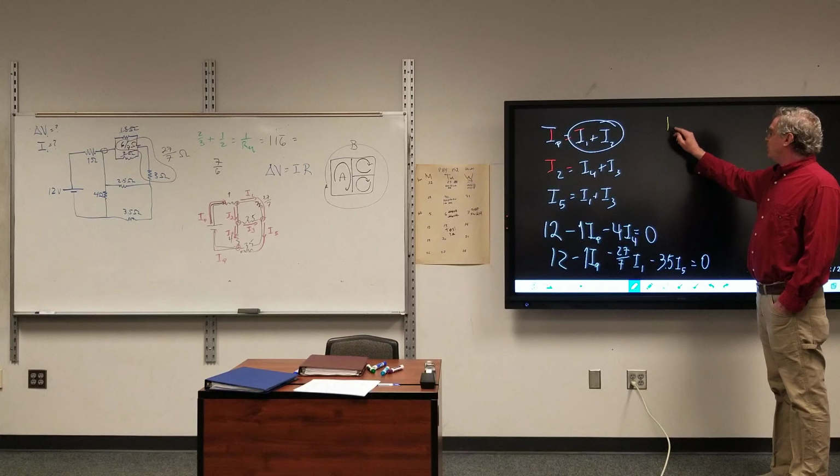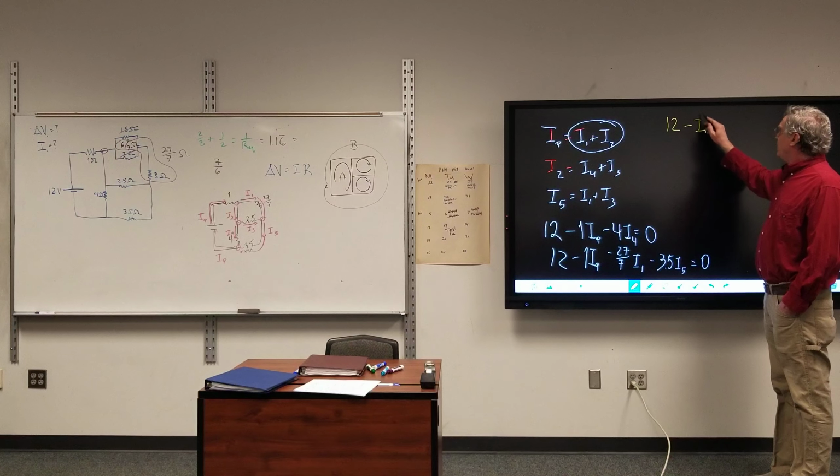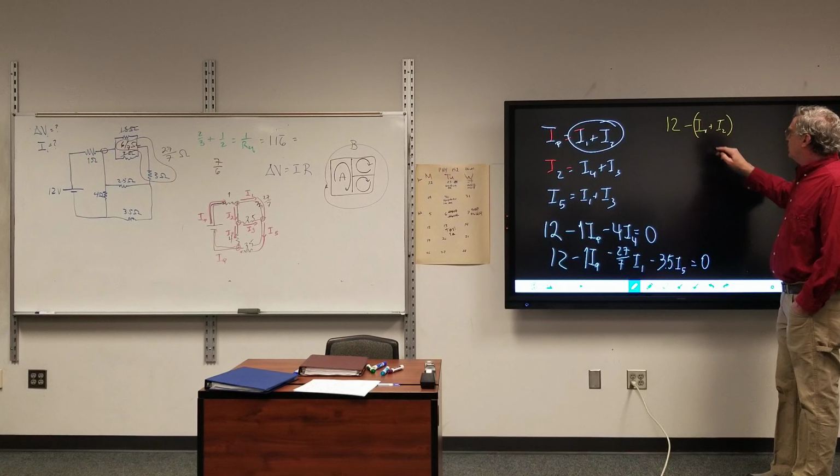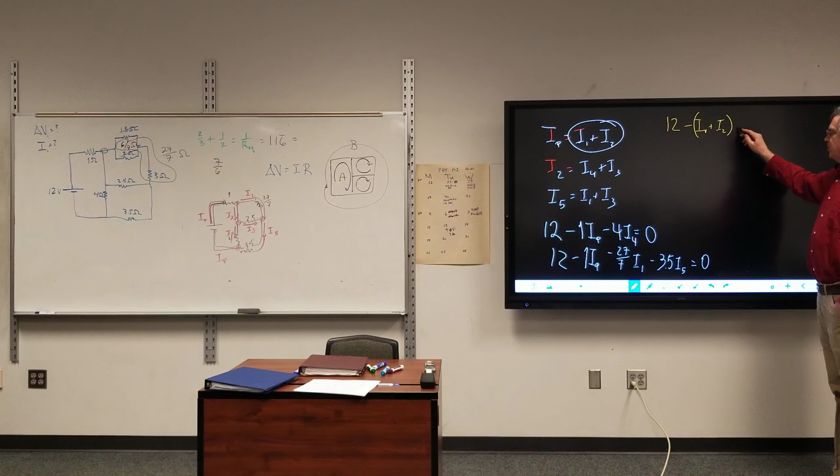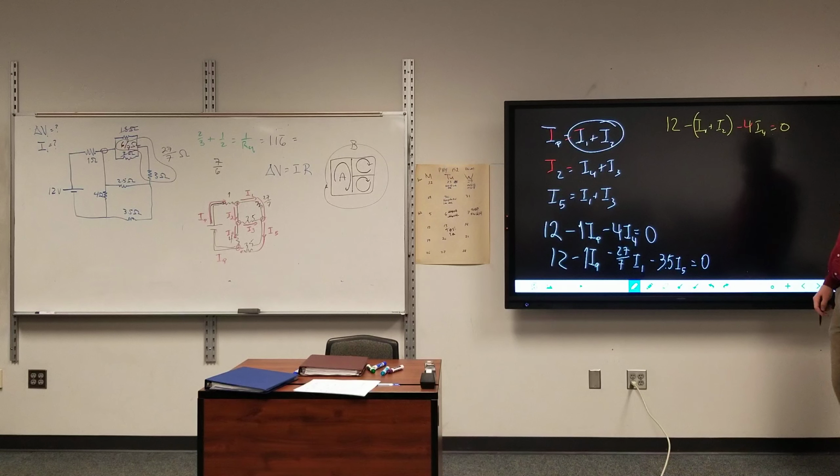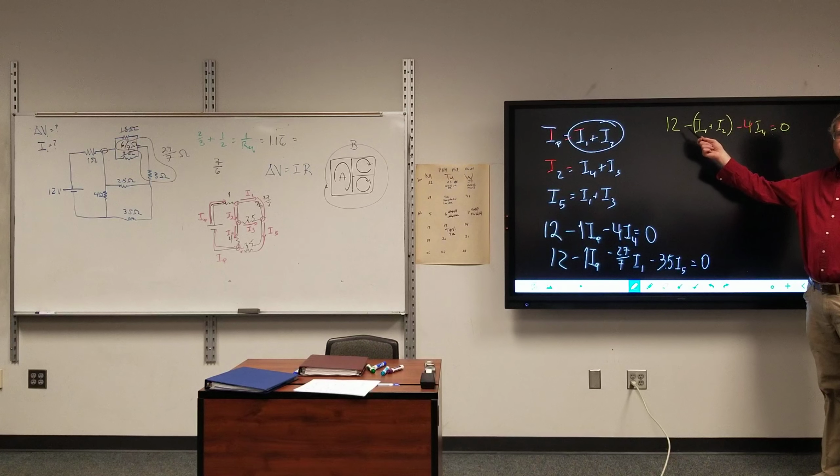This equation becomes 12 minus I1 plus I2 minus 4I4 equals 0. Biggest mistake I see right here is people forgetting that they're subtracting the sum, not just the first thing.